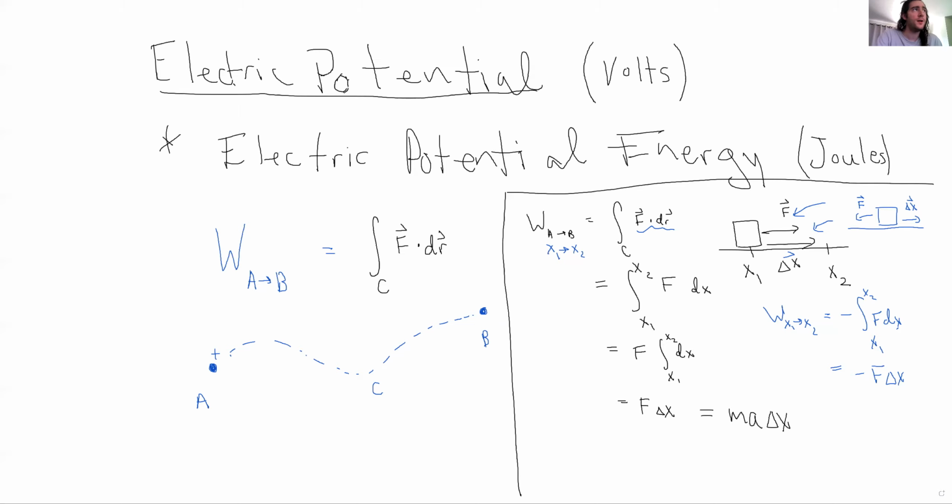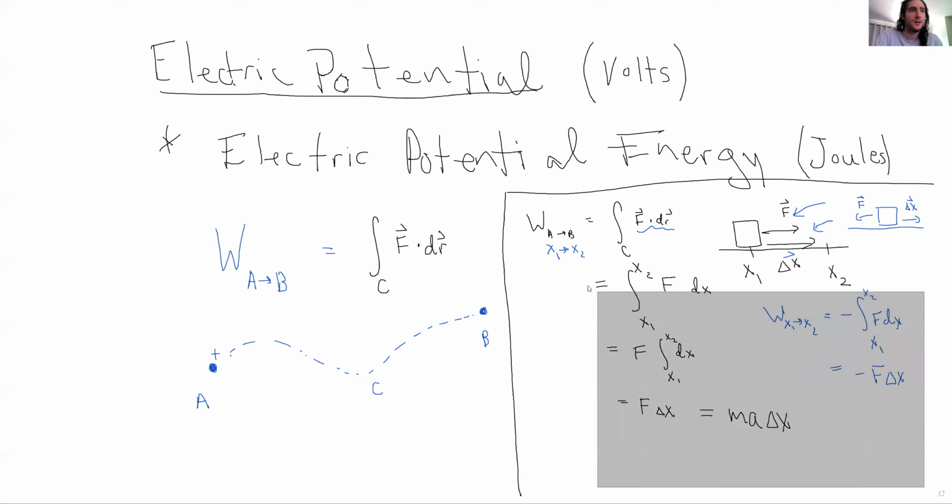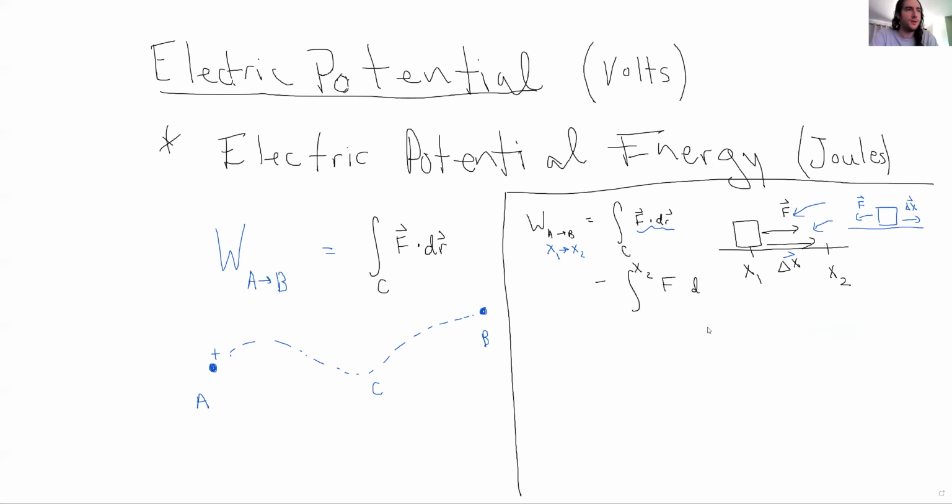Now, real quick, there's one other super important thing that you learned last semester. It's called the work energy theorem, and I will just quickly go over that. So what is the work energy theorem? The work energy theorem says the following.